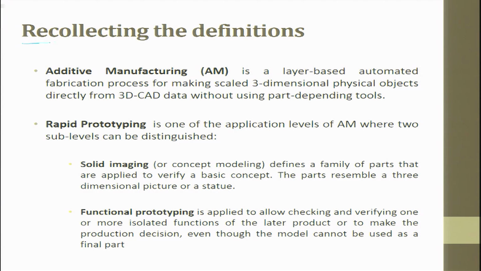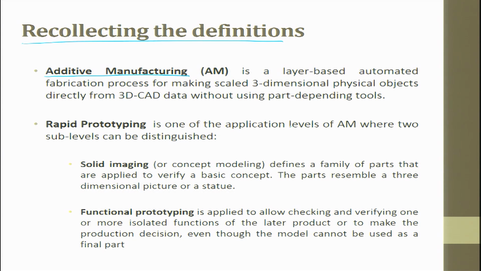So to recollect and recap whatever we have learned till now, here are some of the definitions. Additive manufacturing is a layer based automated fabrication process for making scaled three-dimensional physical objects directly from 3D CAD data without using part dependent tools. This is the definition of additive manufacturing.